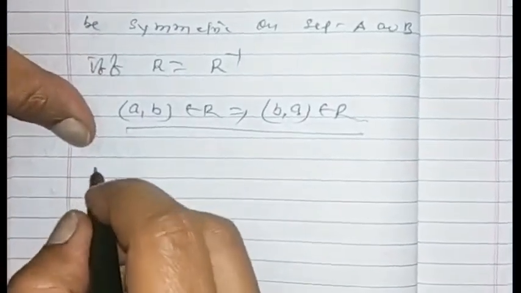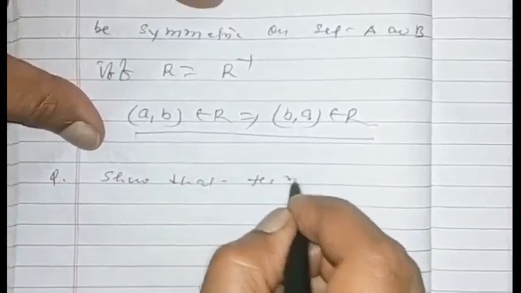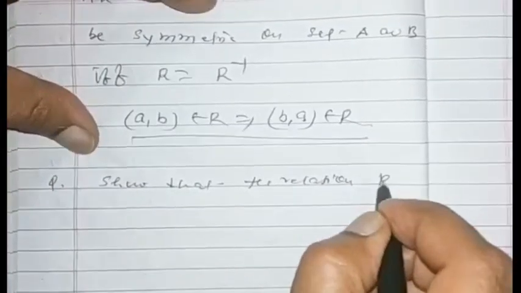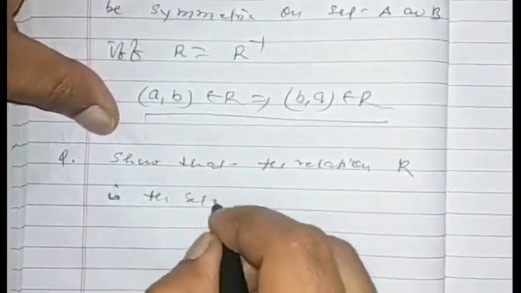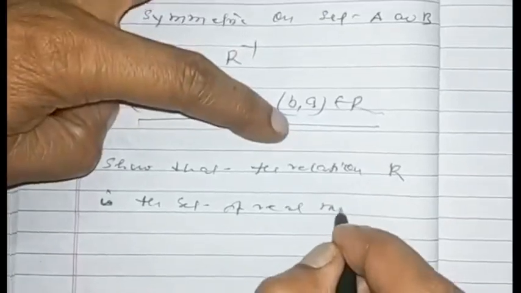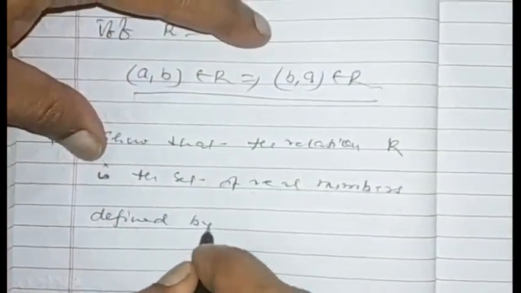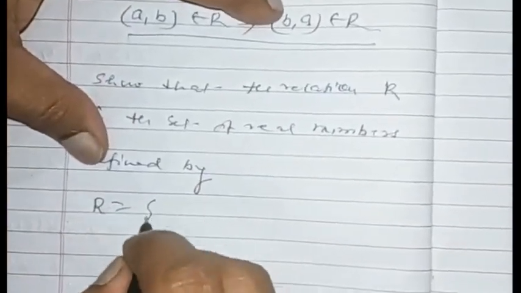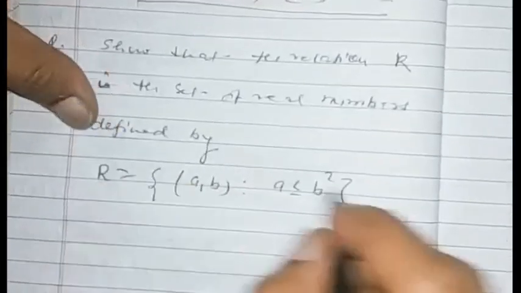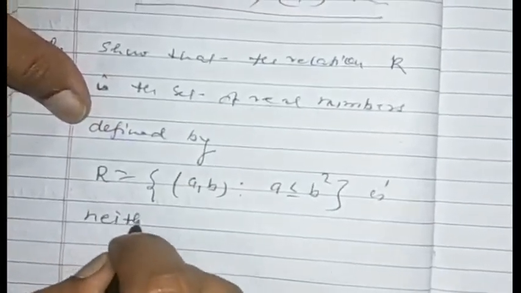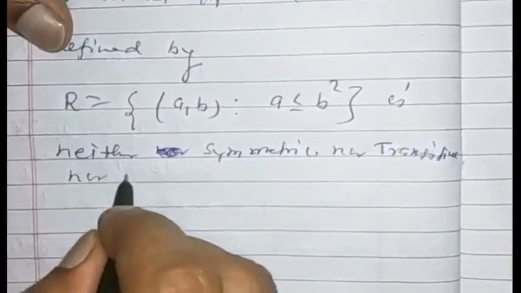Question number 1: the relation R in the set of real numbers defined by R = {(a,b) such that a ≤ b²} is neither symmetric nor transitive nor reflexive.